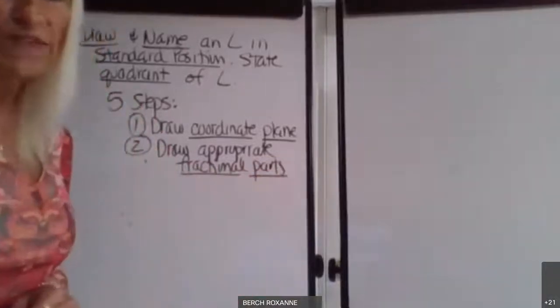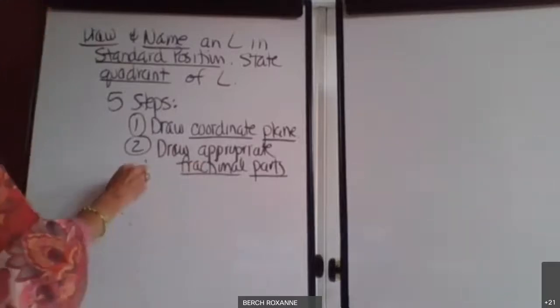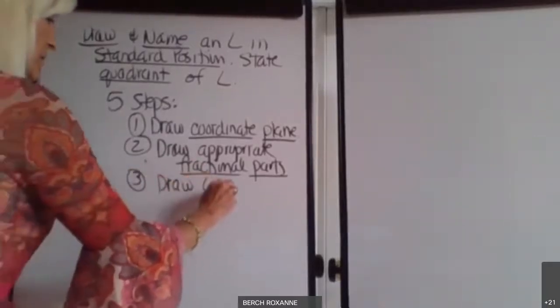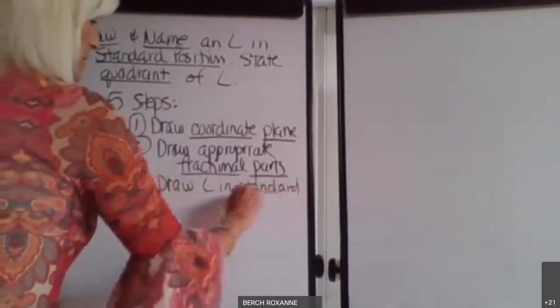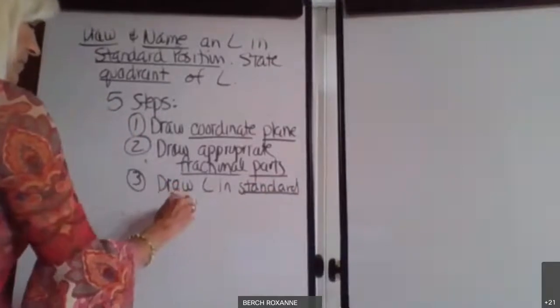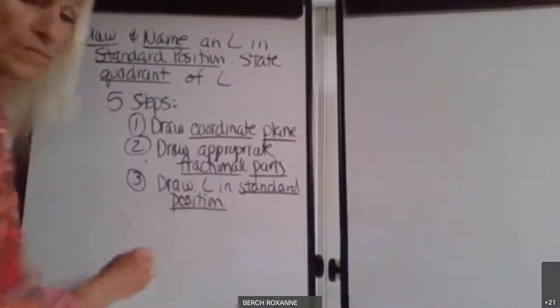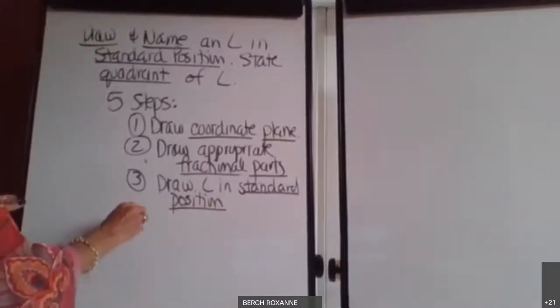And I'm going to show this with examples, so don't worry about it, just write it down. Then you're going to draw an angle in standard position. Number 4, you're going to draw an arrow to show the rotation.